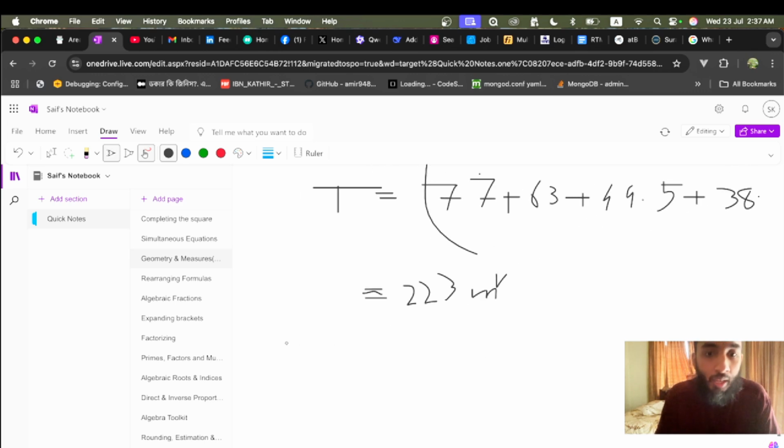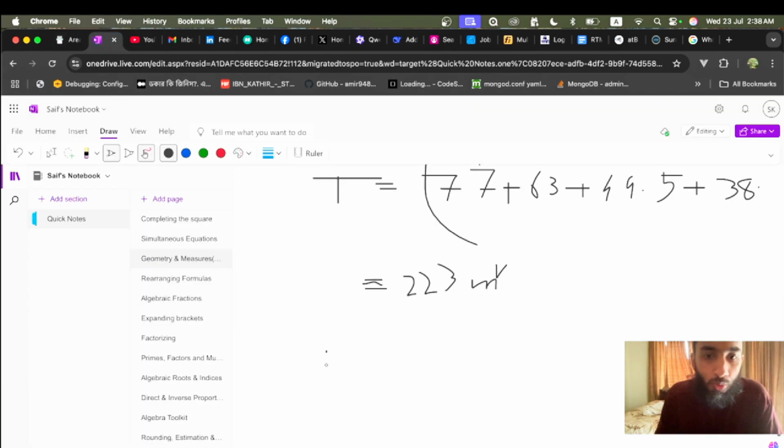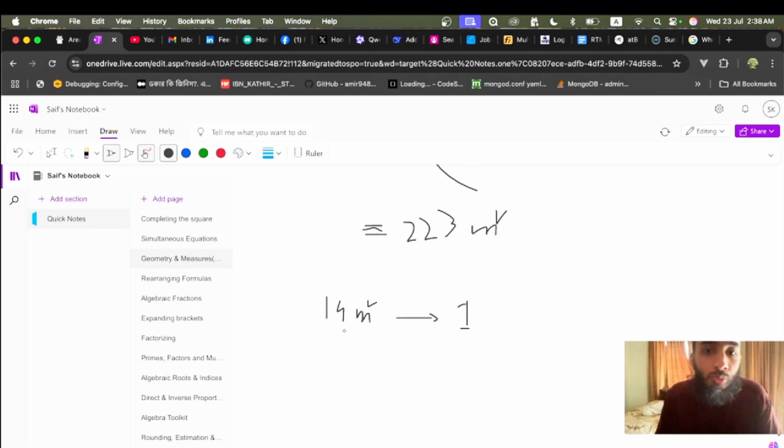Each bag covers 14 meter square of garden. So 14 meter square requires one bag.